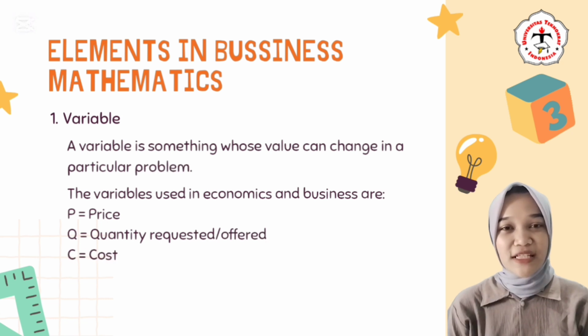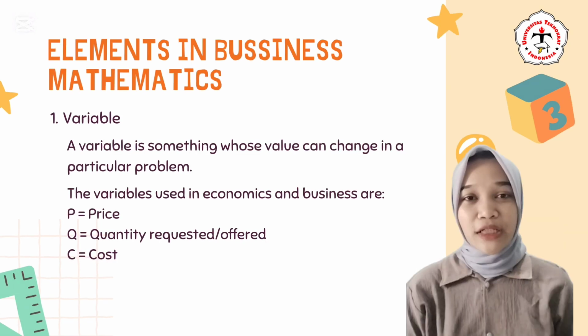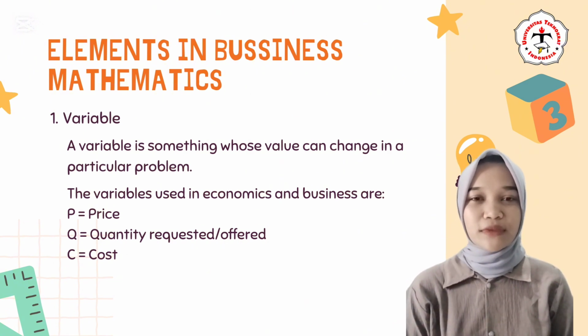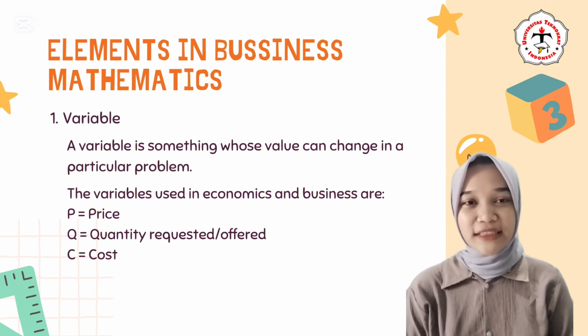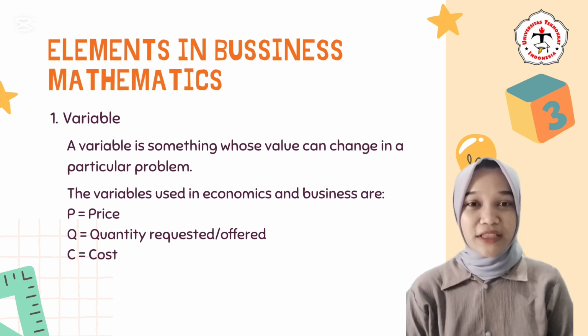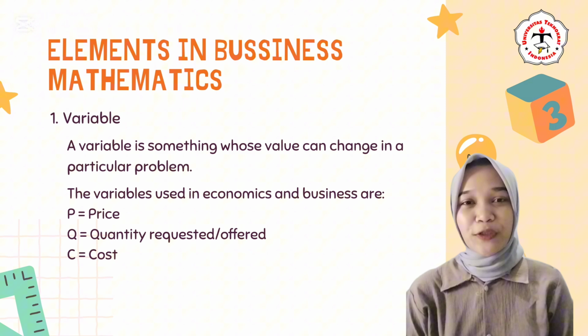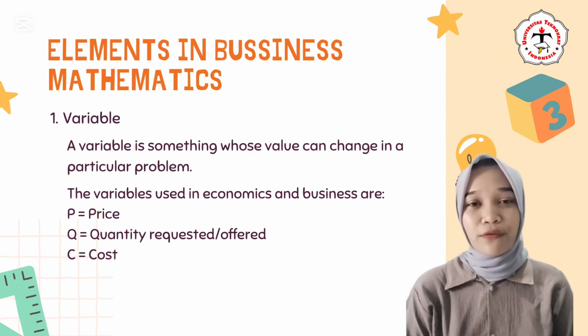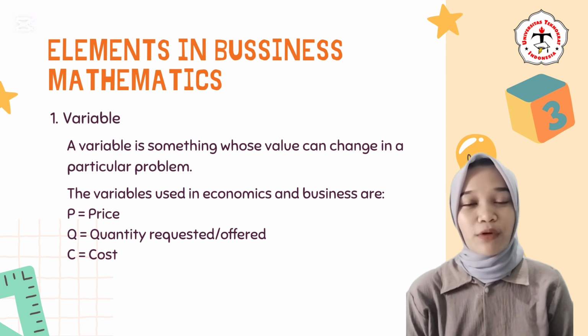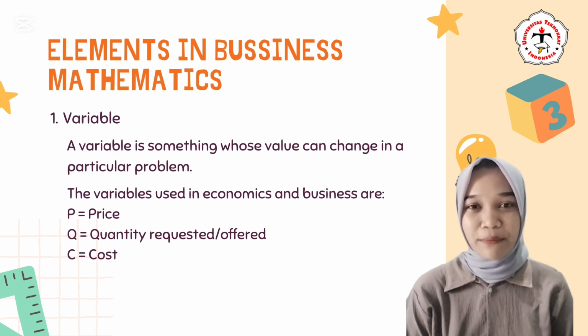Elements in business mathematics. Here are the elements in business mathematics. Number 1. A variable is something whose value can change in a particular problem. In applied mathematics, economics, and business, variables are often symbolized by a letter in front of the variable name.